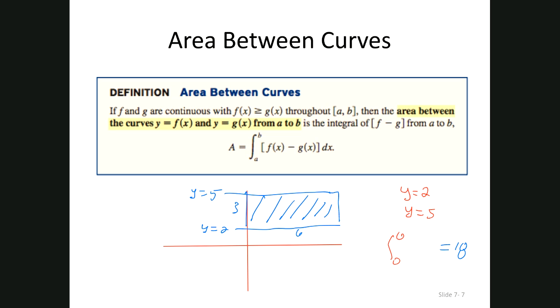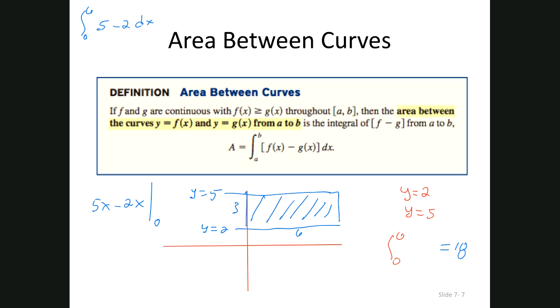But if I was using calculus, I can still find that. So I have the integral from 0 to 6. My top function is 5, minus my bottom function, which is 2, dx. Then I take the integral: the integral of 5 is 5x, minus the integral of 2, which is 2x, from 0 to 6.